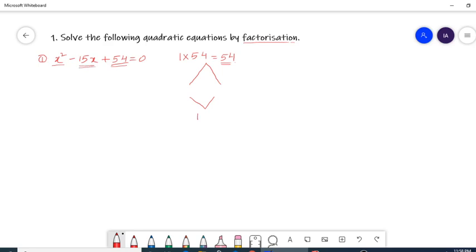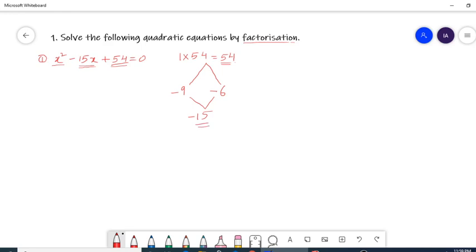So we need two factors whose product is 54. Since I need positive 54 and negative 15, I can take negative 9 and negative 6. When you multiply two negative numbers, the product would be positive, right? And when you add two negative numbers, their sum will be negative 15.